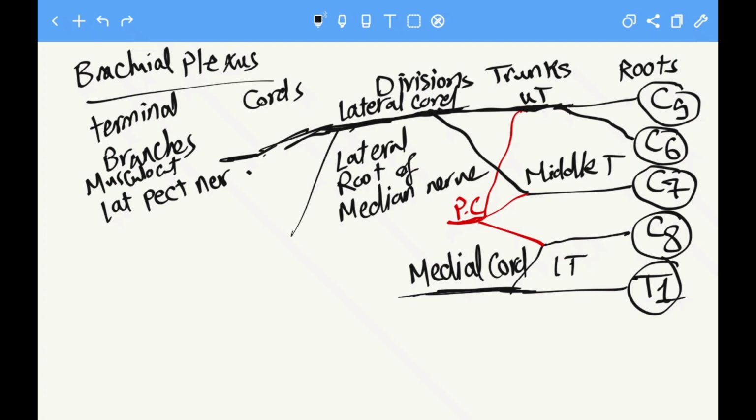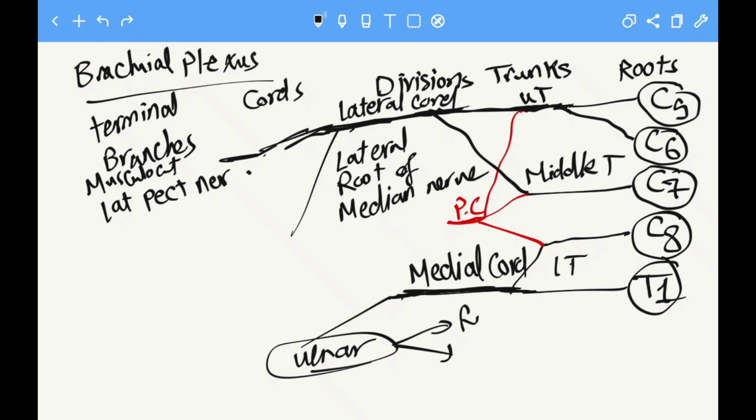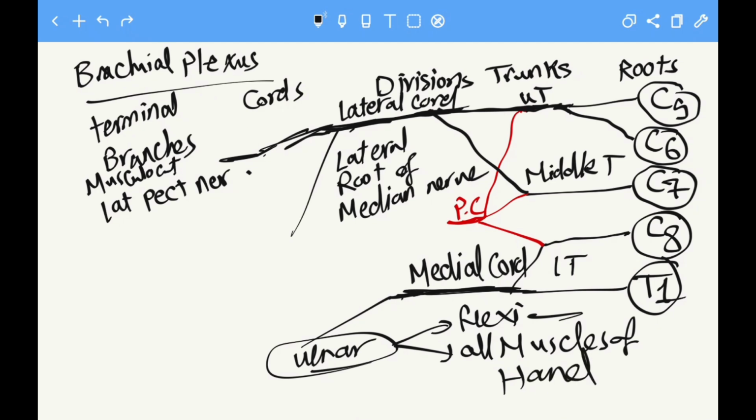While the anterior division of the lower trunk, which will give the medial cord, will give also multiple branches. One of these branches is the ulnar nerve. The ulnar nerve shares in flexion of the wrist, sorry, and supplies all muscles of the hand except some muscles that are supplied by the median nerve.